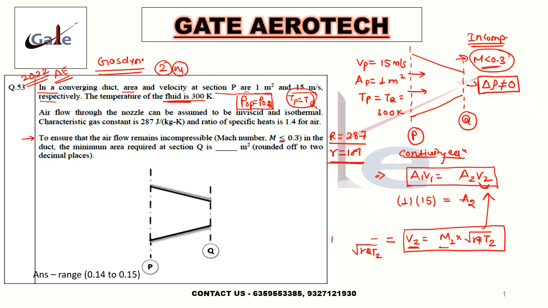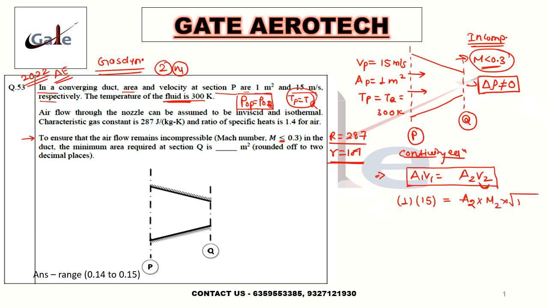You need to predict what formula I have to use depending on the given data. So in this way you can calculate easily, otherwise you will calculate random data. Okay, so try to use this concept, back calculation method. So velocity I'm writing in terms of Mach number into speed of sound, right?